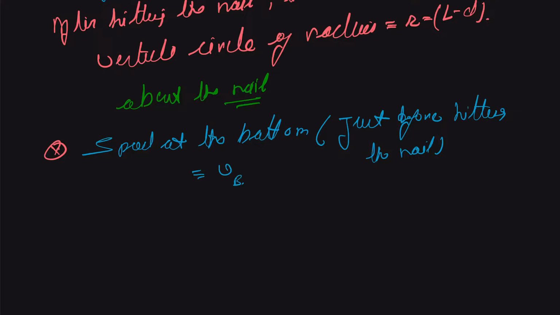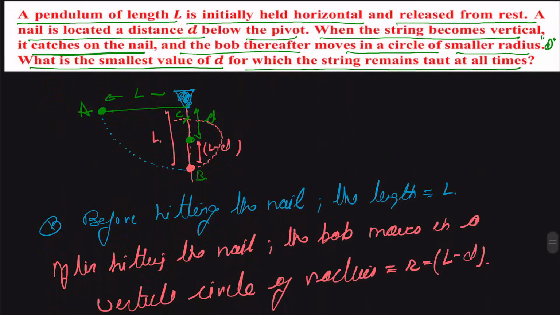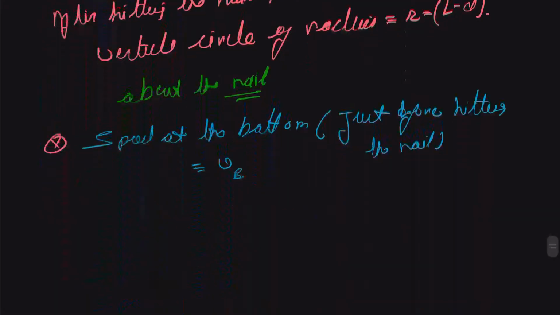So we can use our conservation of energy. Energy at point A is entirely potential energy, because the height is L, so this energy will be mgl, and point B is the lowest point, so here the entire energy will be kinetic energy.